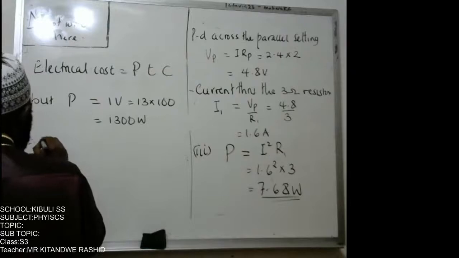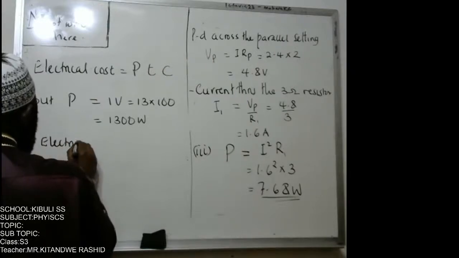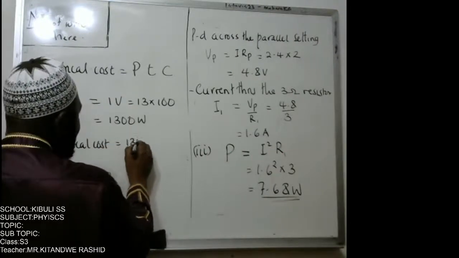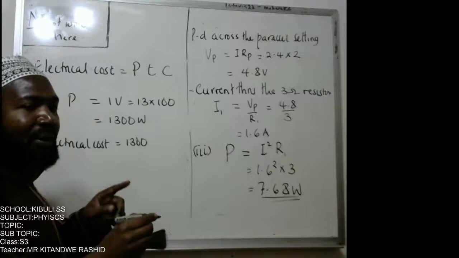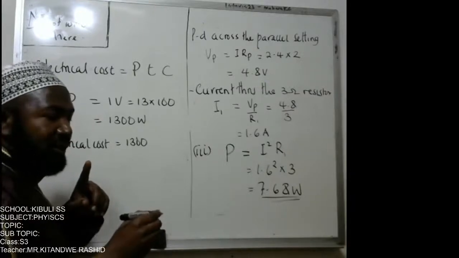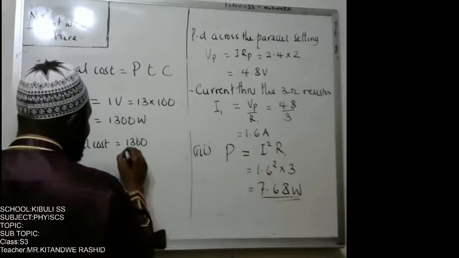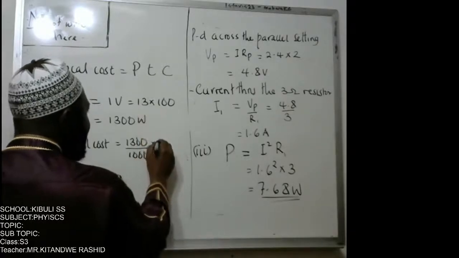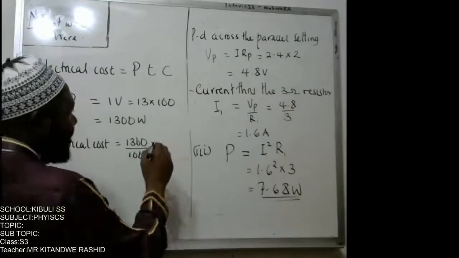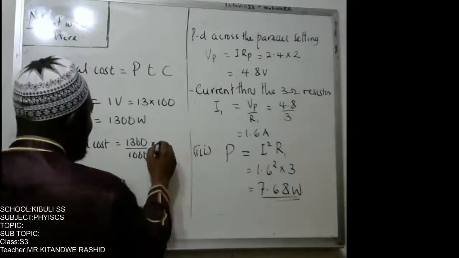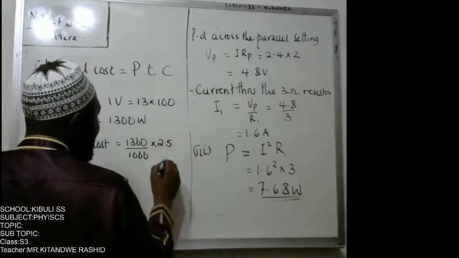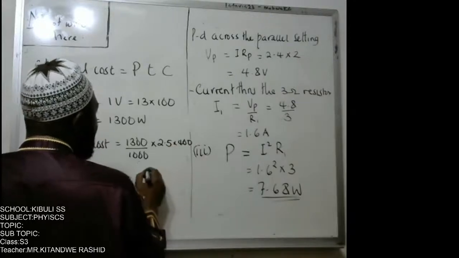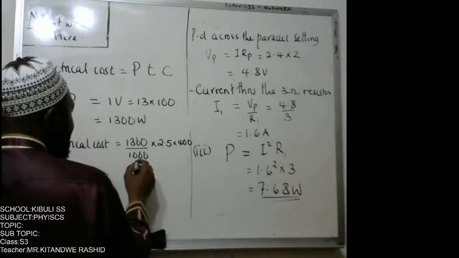Electrical cost is power, 1300, but you want power in kilowatts, times time in hours. We are given 2.5 hours, times the cost per unit. Can you evaluate and see what you are getting?